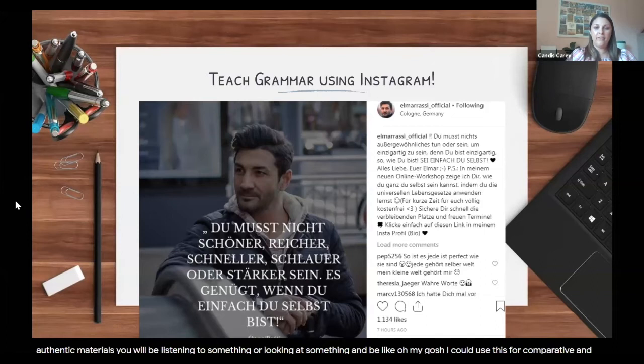It has tons of comparative. The picture says you don't have to be prettier, richer, faster, smarter, or stronger. It's enough that you are simply yourself. So these are all great comparative adjectives in there, and it's real authentic language.